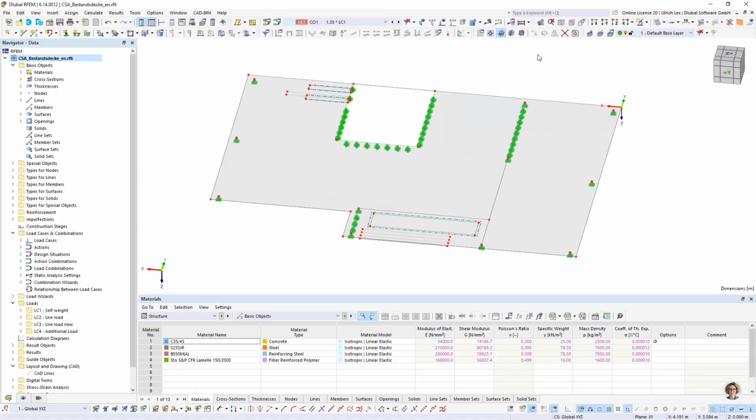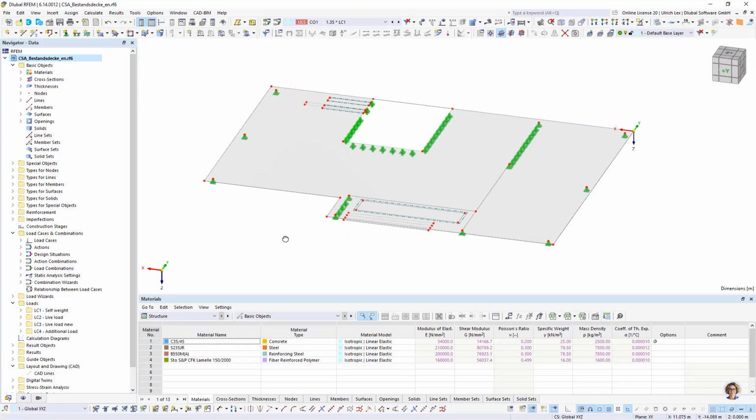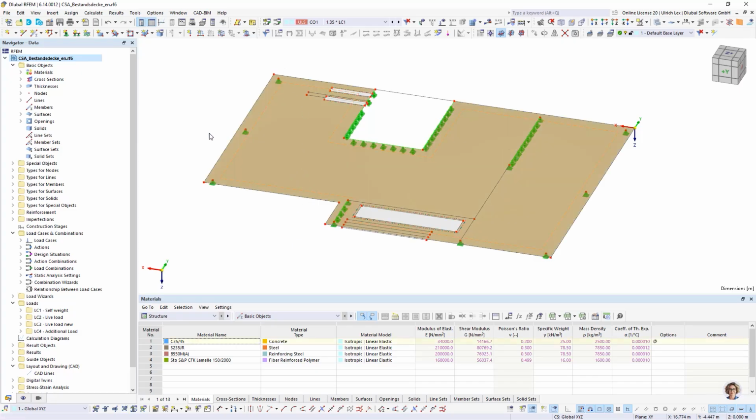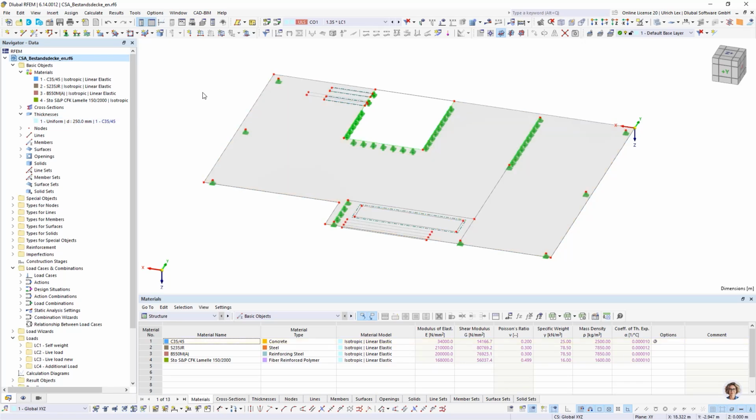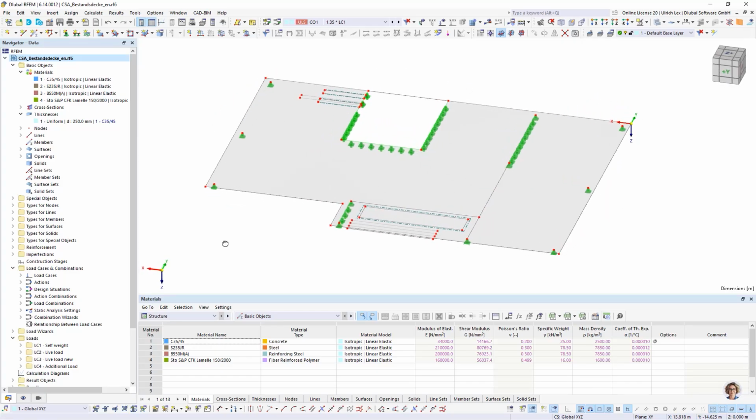So as I said, I have prepared some things to make it easier for modeling. The most important part that is created is the existing concrete slab. Here we used concrete with a thickness of 25 centimeters. The supports are point supported, and in the middle are line supported in the first stage.